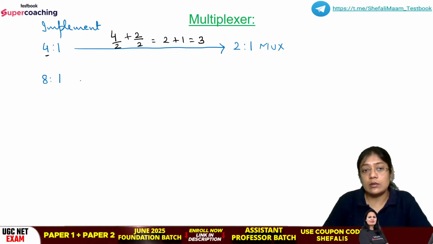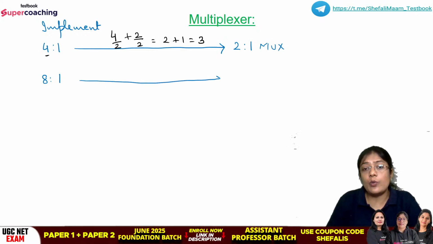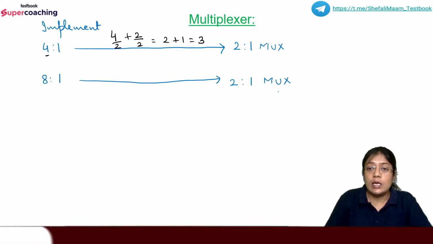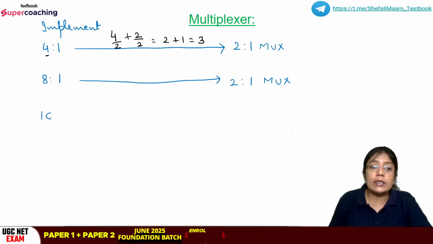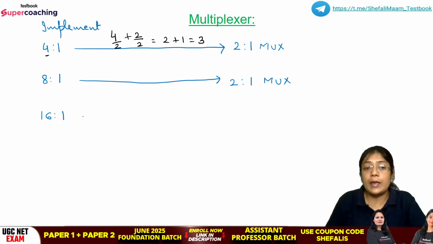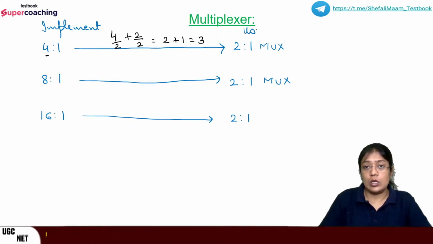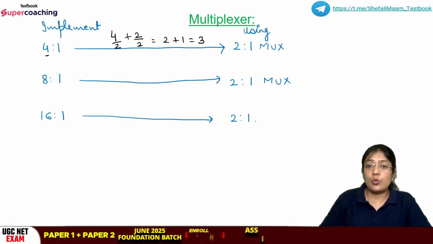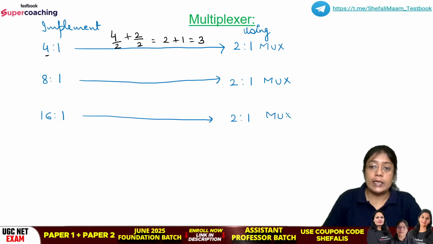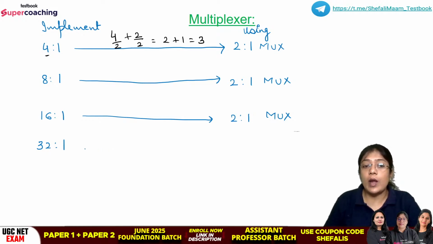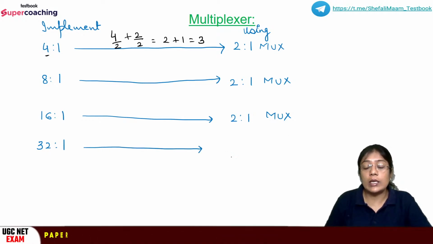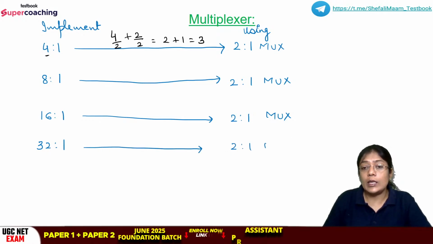If I'm going to implement 8:1 multiplexer using 2:1 multiplexer, how many mux are required? Similarly, I'm implementing 16:1 multiplexer using 2:1 multiplexer. Can you identify how many multiplexers are required? 32:1 multiplexer using 2:1 multiplexer.